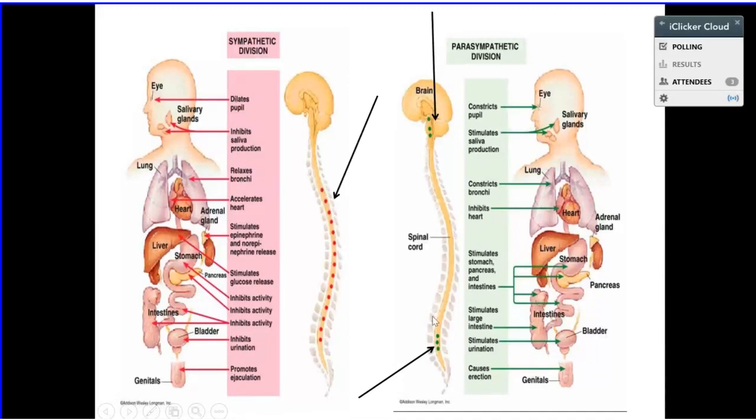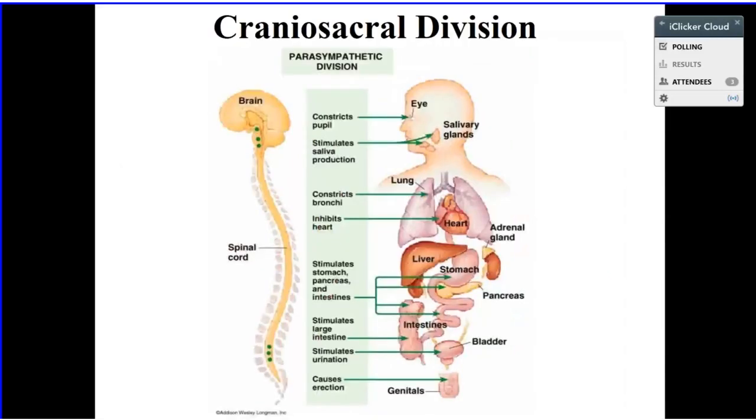And then over here, do y'all see dots in the parasympathetic region? Okay, so where that first neuron in the motor pathway exits is going to be a little different for each region. So we're going to start off with the parasympathetic.